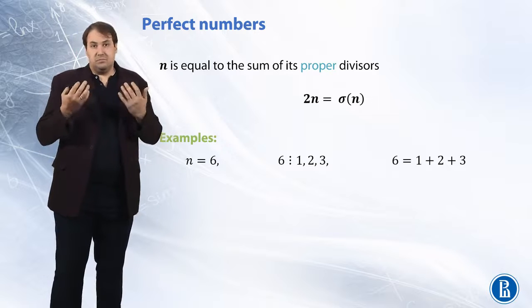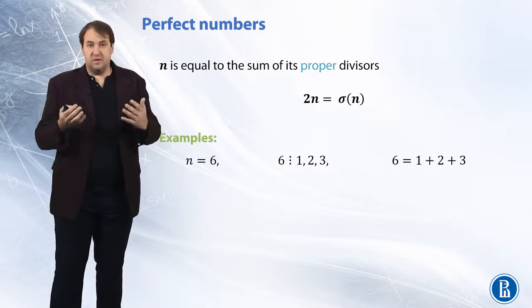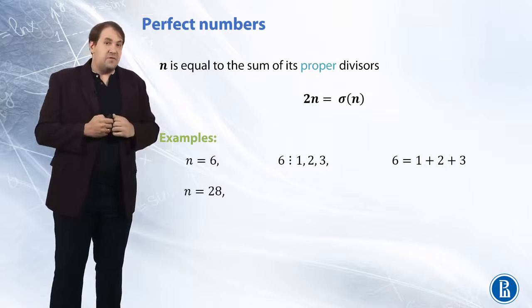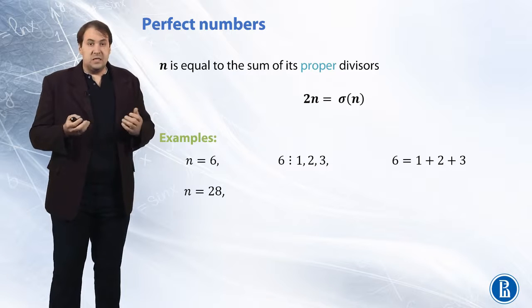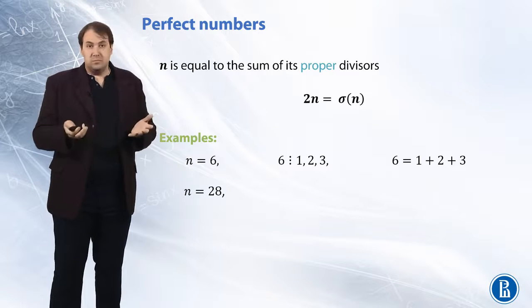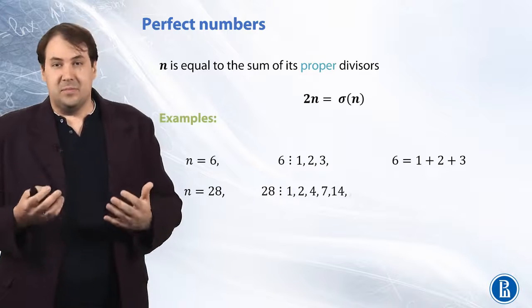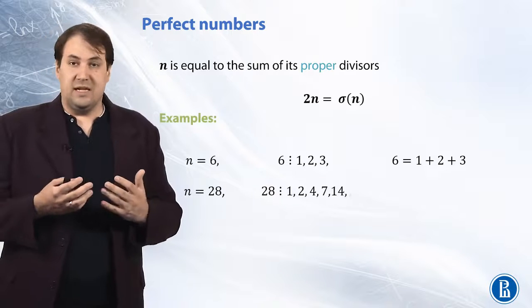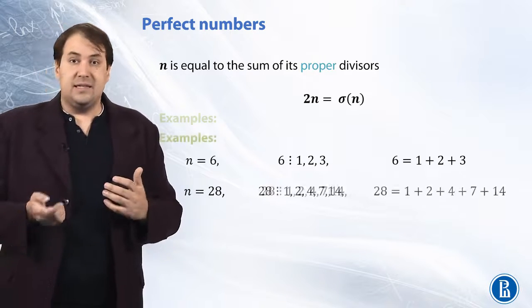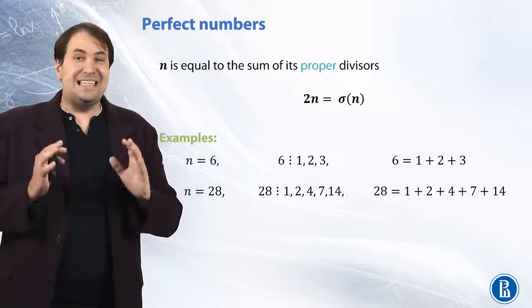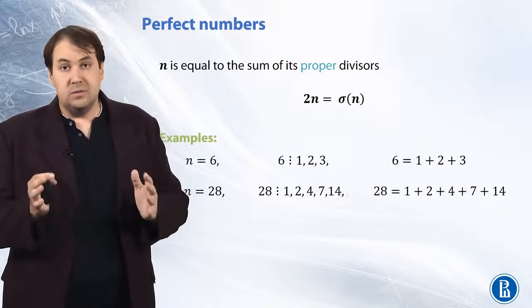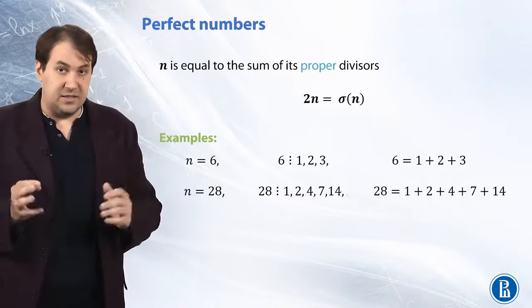So it is perfect according to our definition. Another perfect number, also very famous, is 28. Let's check if it's perfect. 28 is divisible by 1, 2, 4, 7, and 14, and it is easy to check that 28 is exactly equal to the sum of these divisors.